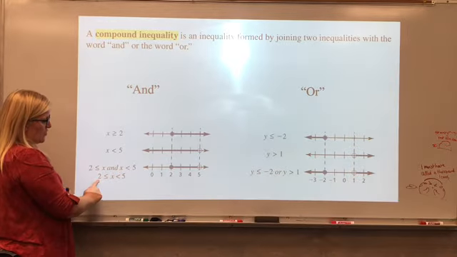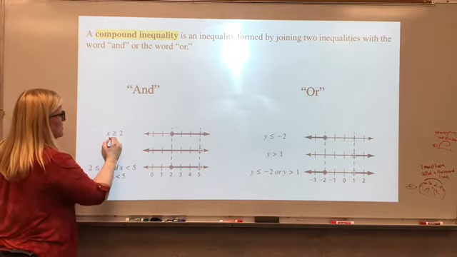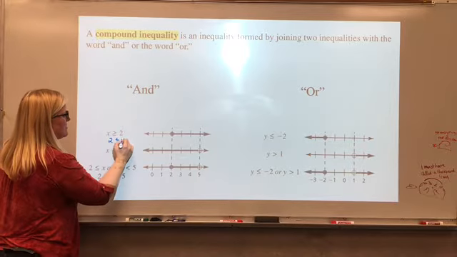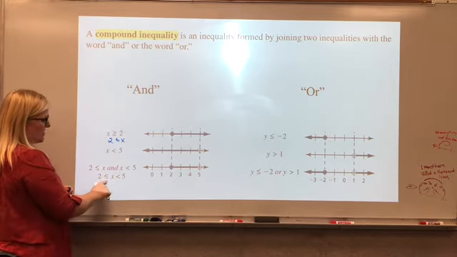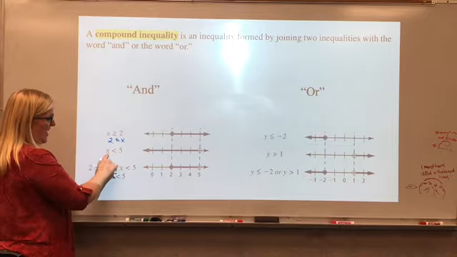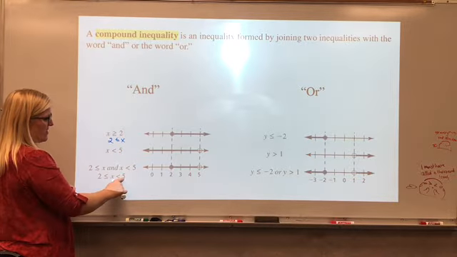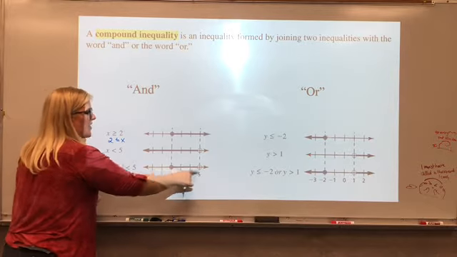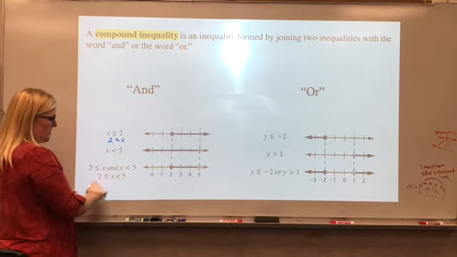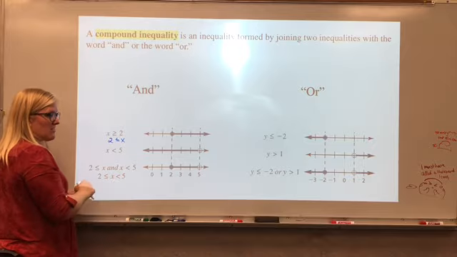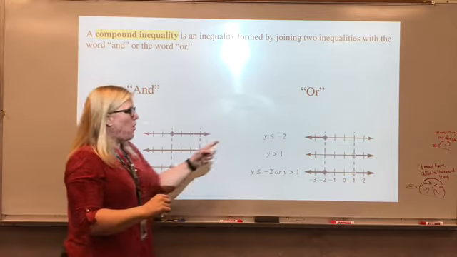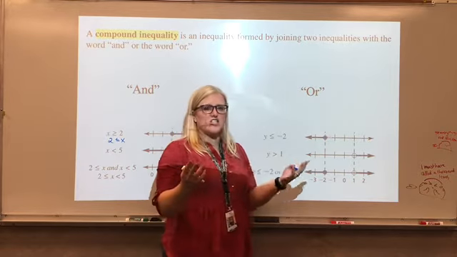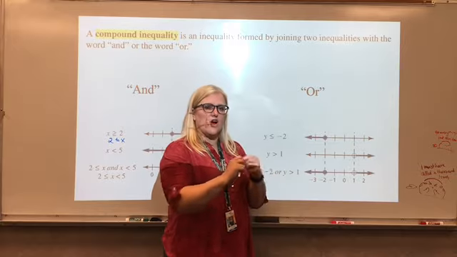So we've got 2, because if we flip this around, we've got 2 is less than or equal to X, and X is less than 5. So when you have an and, you know that it's going to be sandwiched in between the smaller number and the bigger number.